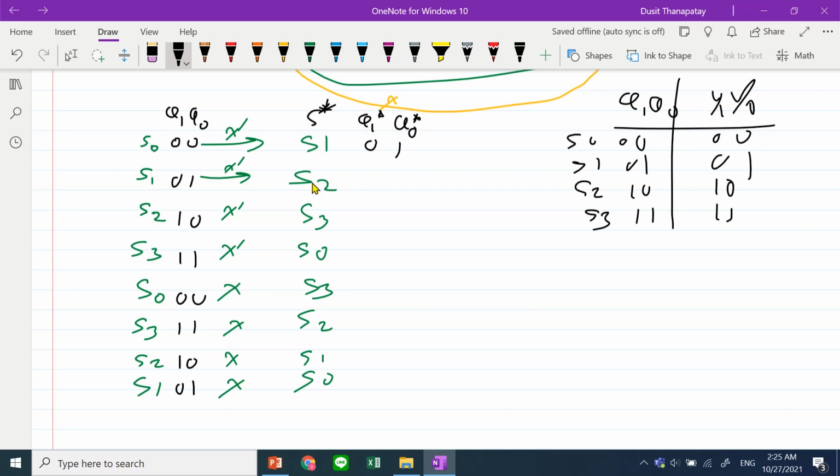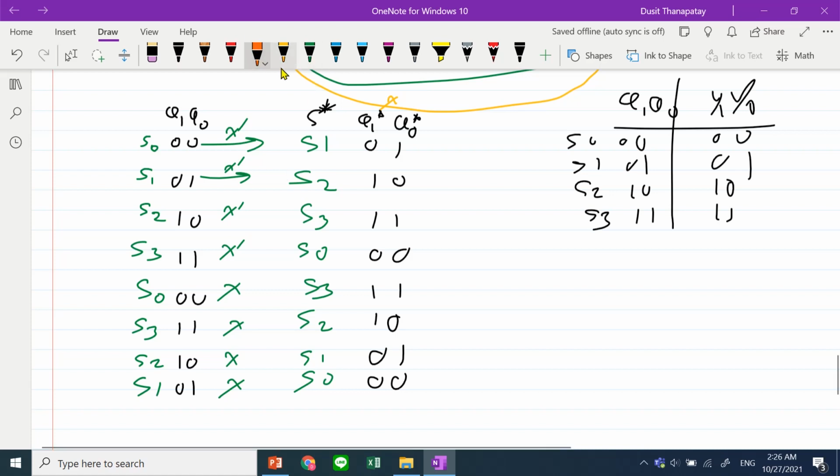S0 goes to 0, 1 for S1, S1 goes to 1, 0 for S2, S2 goes to 1, 1 for S3, and S3 goes back to 0, 0. Now I want to write down the transition expression.